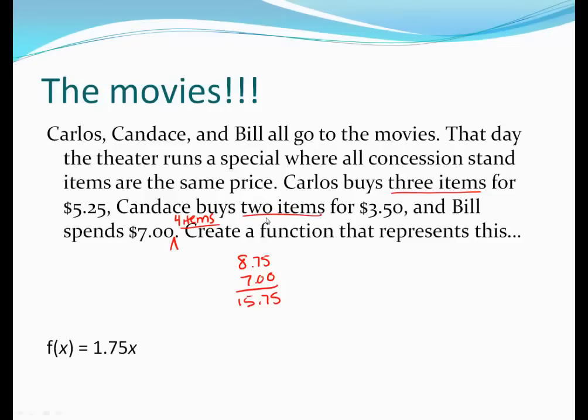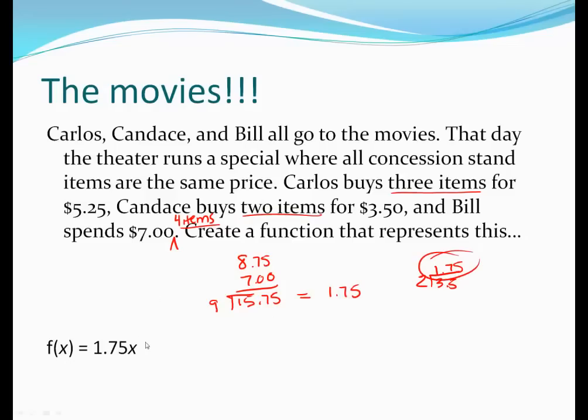Divide by 4 and 2 is 6 and 3 is 9. If you divided by 9, you'd get $1.75. The other thing you could do is just take one of them. This one would probably be the easiest, the 2 for $3.50. That's 1, and that's 75. So I know that each item costs $1.75.